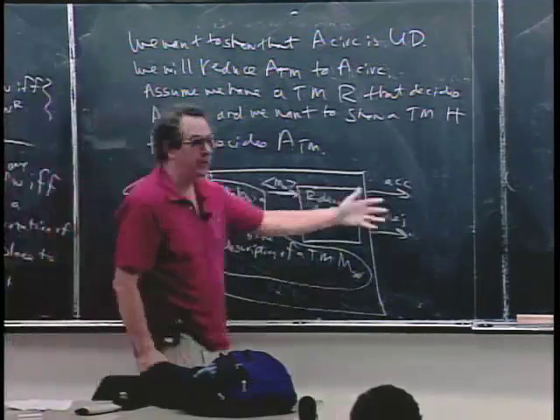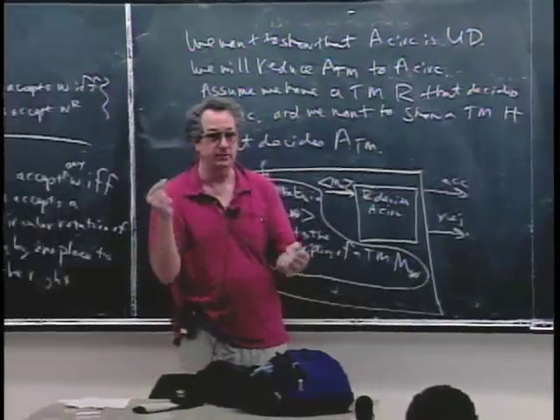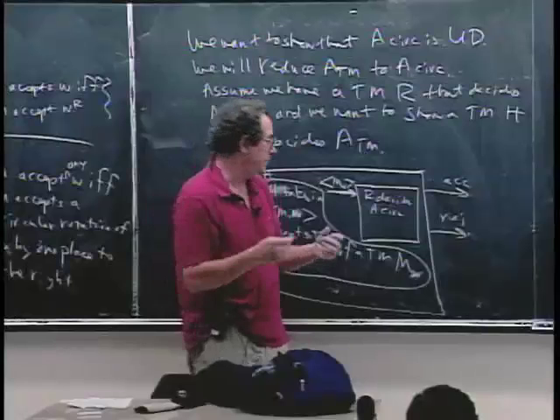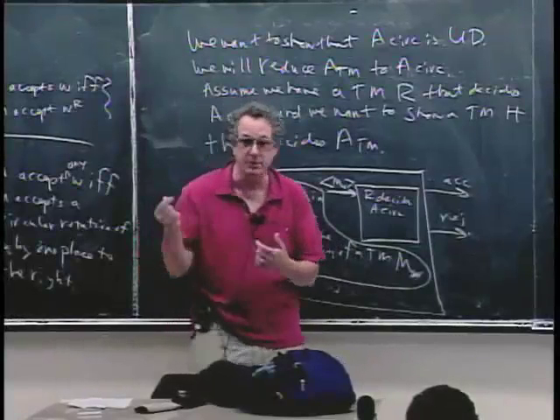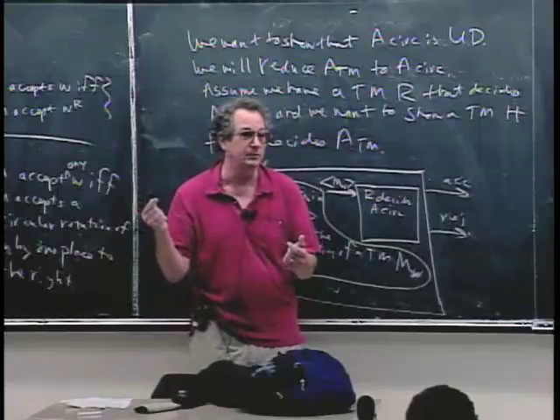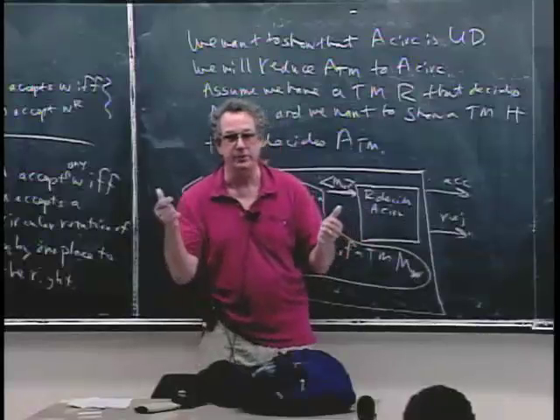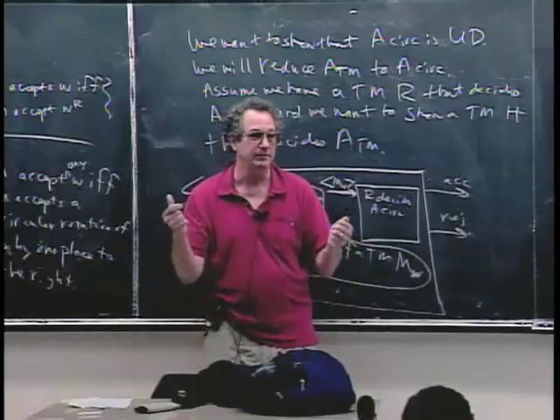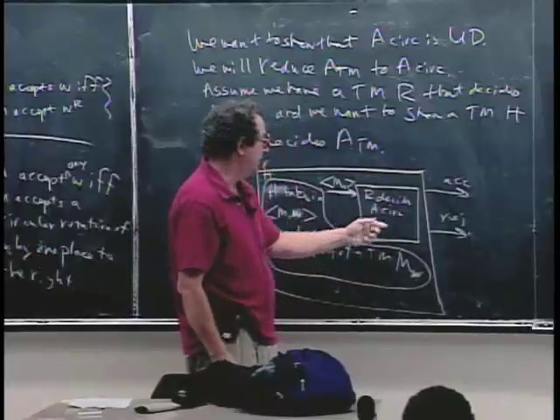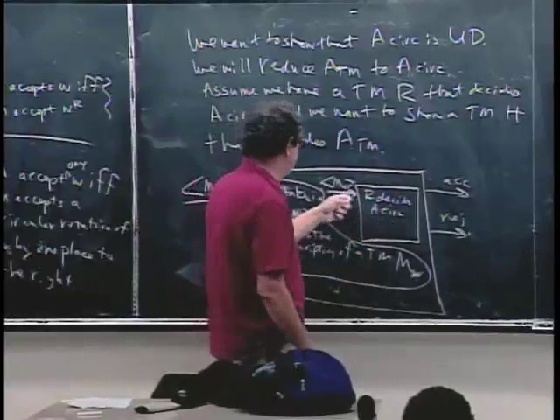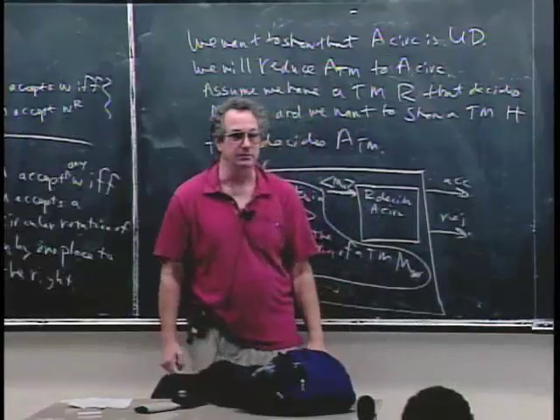Well, MW rejects everything besides W and W circulated, right? So the only relevant strings to MW are W and W circulated. But it always accepts W circulated, right? So if R accepts MW, what does that mean?